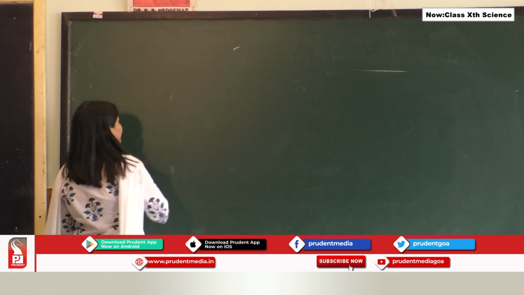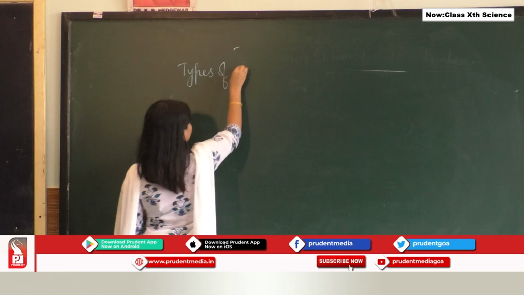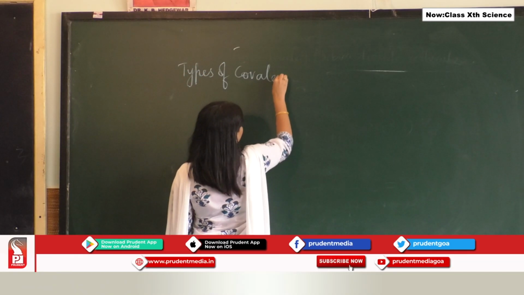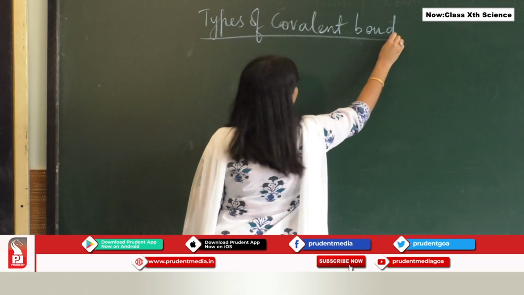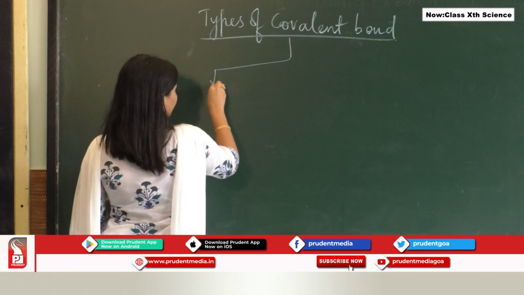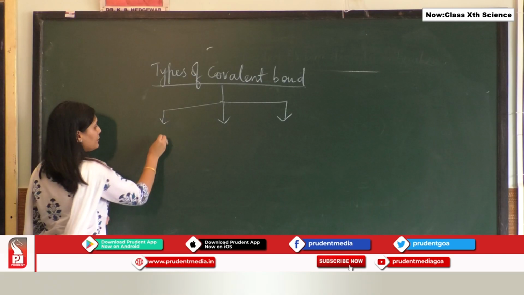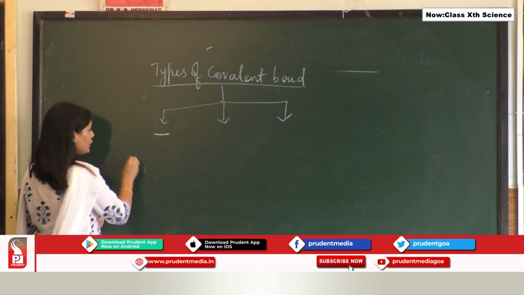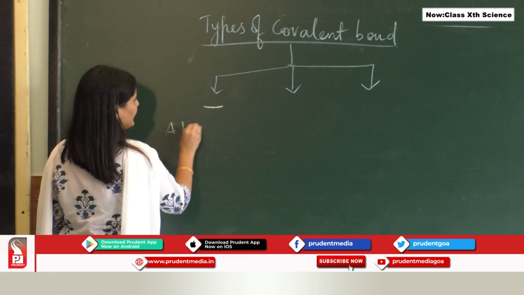So, we have seen the types of covalent bond that are formed. We have 3 types of covalent bond. A single covalent bond, which is formed by sharing of a pair of electrons.